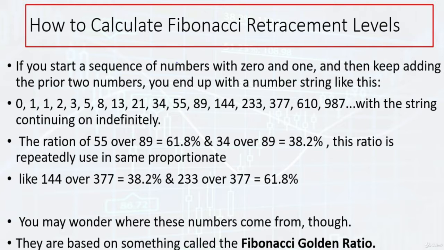If we divide 55 by 89, the ratio is 61.8%. If we divide 34 by 89, the ratio is 38.2%. In any sequence series, if you divide the previous number by the new number, the ratio is 61.8 and 38.2.